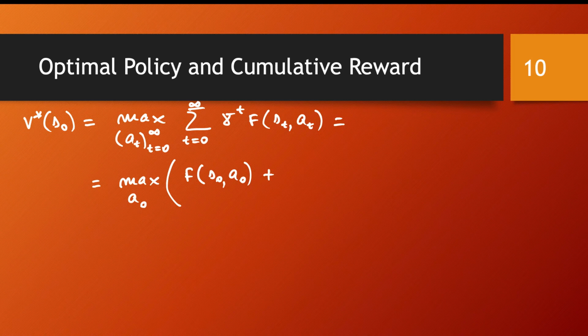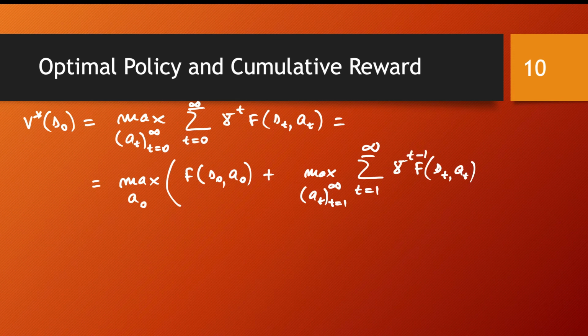And then after that, I'm going to have the maximum of all possible actions I can follow up with. So this infinite sequence, and its sum t equal 1 to infinity. And here I will have f of ST and AT. And here I should write gamma to power t, but I'm going to indicate just gamma to power t minus 1 here, and I'm just going to write the additional gamma here in front.